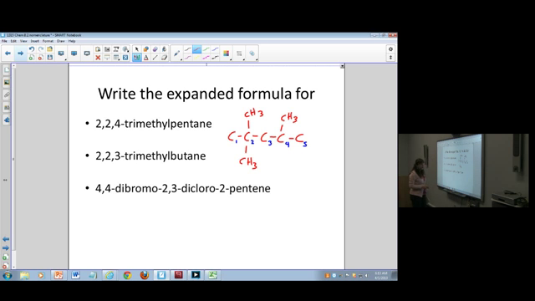So if I was writing this in its condensed form, I'd have CH3, and now I want you to look at this carbon. Carbon 2 has 1, 2, 3, 4 bonds already. So I'd say carbon, then I'm going to put in a CH3, a CH3 in parentheses, and a subscript 2 indicates that those are substituents.